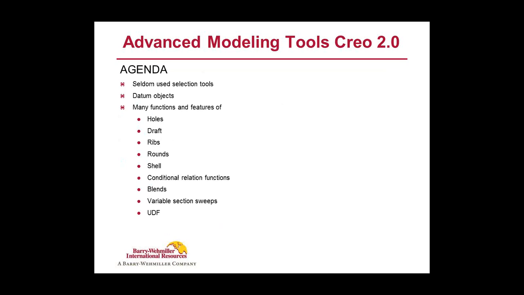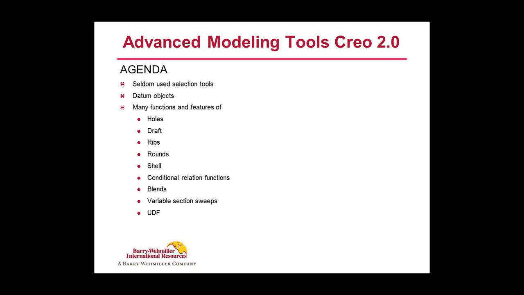All right, so let's get into it. There is a lot of work that we have to do today. Hopefully we can fit all this in. We're going to talk about some of the advanced modeling tools around Creo 2.0. To be honest with you, most of these tools are not specific to Creo 2. I'm pretty sure maybe one or two might not be.